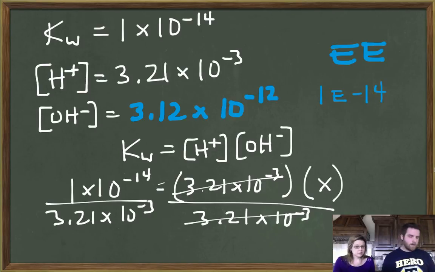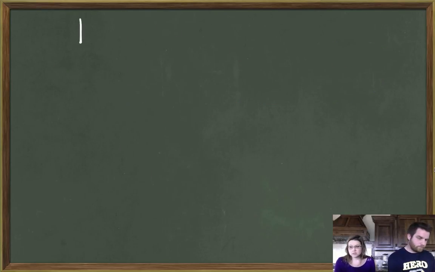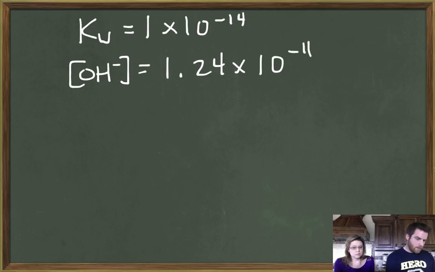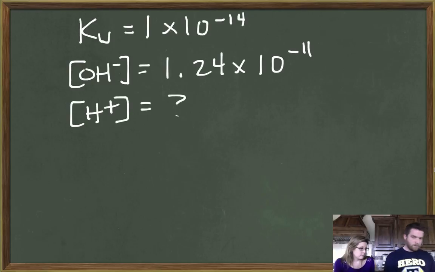Do you want to do one more? Sure. So if you have a hydroxide ion concentration of 1.24 times 10 to the negative 11, I want to know what's my hydrogen ion concentration.